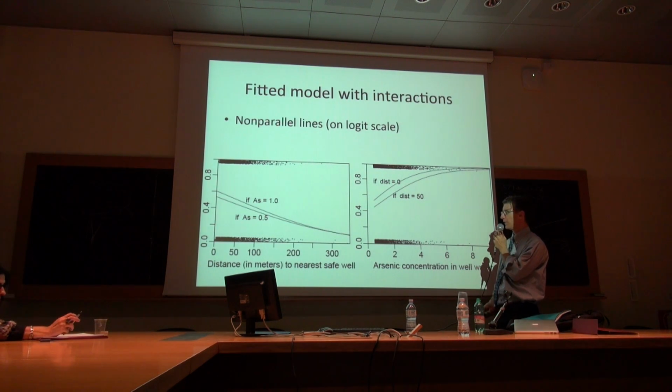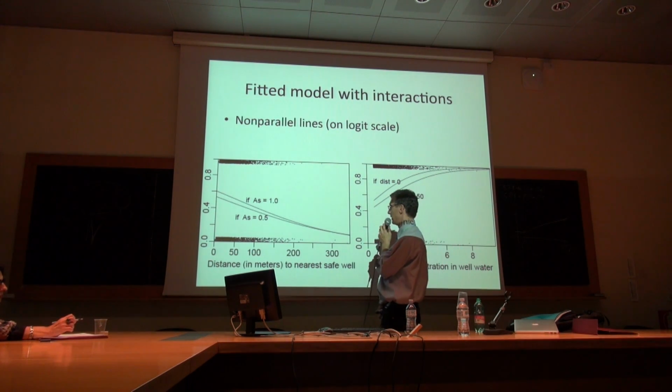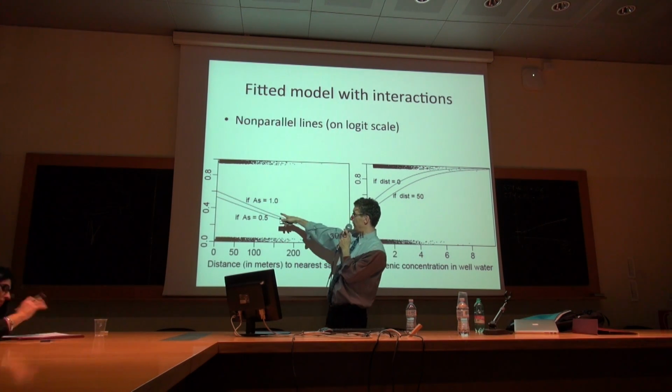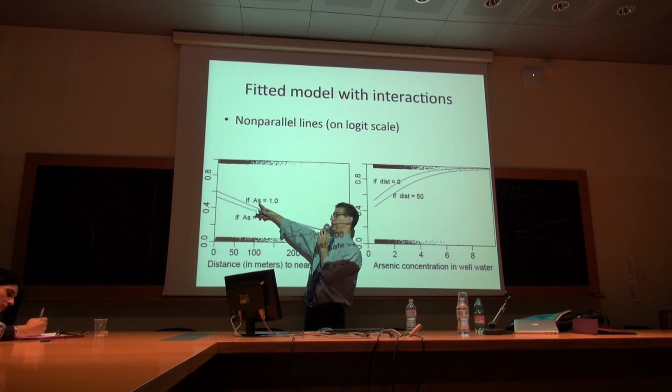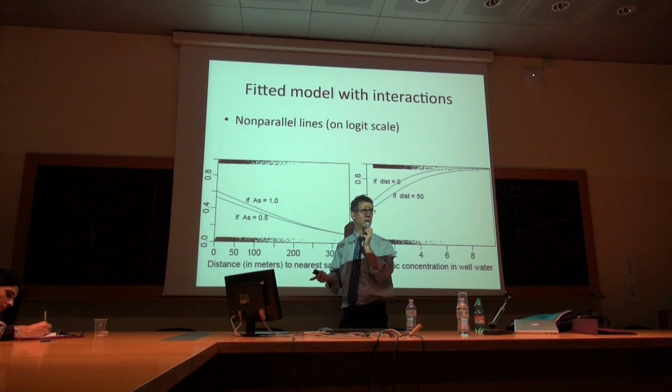Now I graphed the model with the interactions, and here it's showing the probability of switching as a function of distance. You see, the higher the arsenic level, the steeper the slope, right? And so that's what I was telling you.